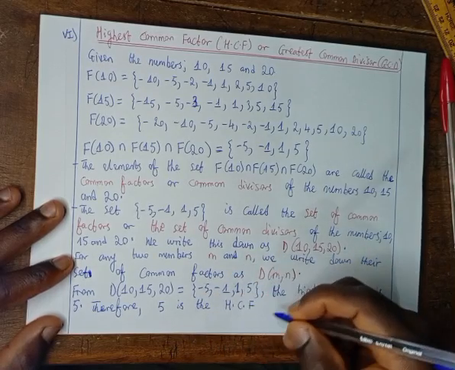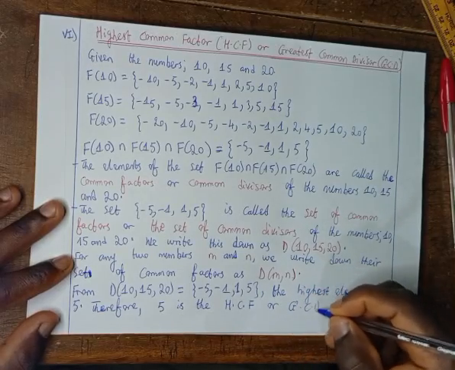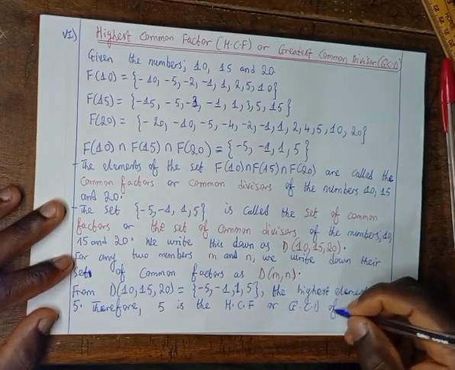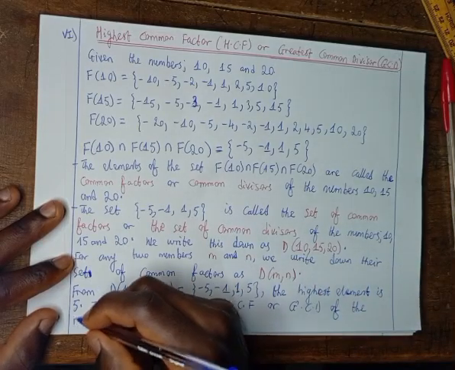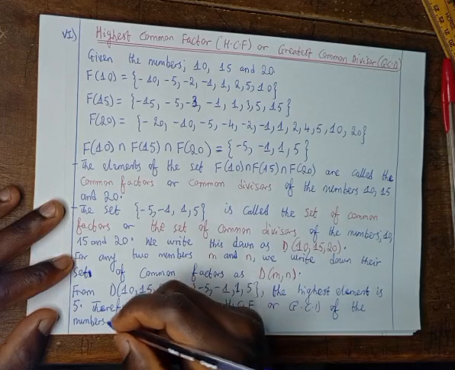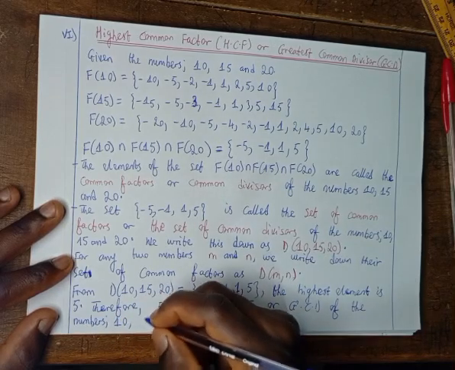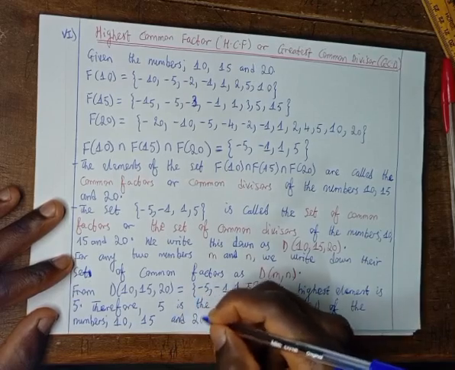We denote highest common factor by using H.C.F, or the greatest common divisor of the numbers 10, 15 and 20.